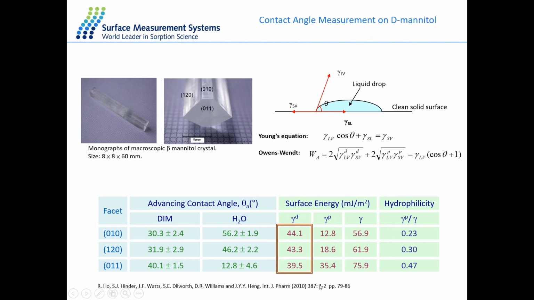And this is the resulting surface energy. We can see we have a higher surface energy with regards to dispersive surface energy and slightly lower for our polar surface energy. We also calculate hydrophilicity by taking the specific surface energy divided by the total surface energy.